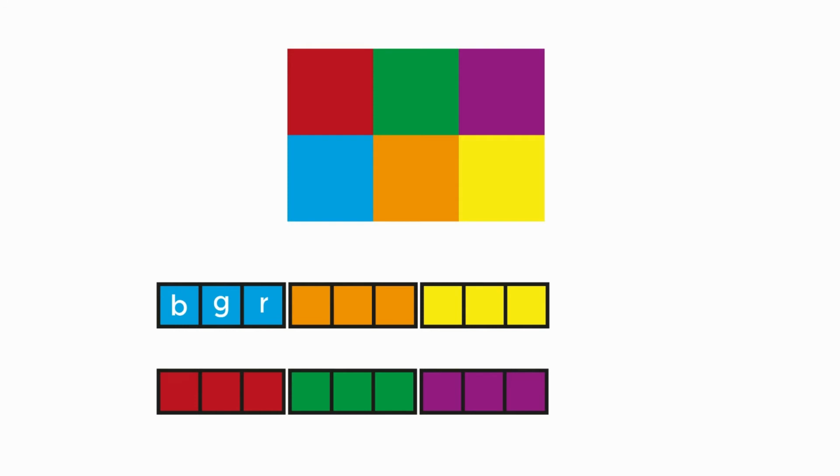So byte 0, the very first byte in our pixel data, will represent the blue component of the very bottom left corner pixel. For this row, we'll have a further 8 bytes, making a total of 9 bytes, which will represent all the color values for those 3 pixels. Now our second row, because we need to be on these 4-byte boundaries, must start at a byte which is a multiple of 4.